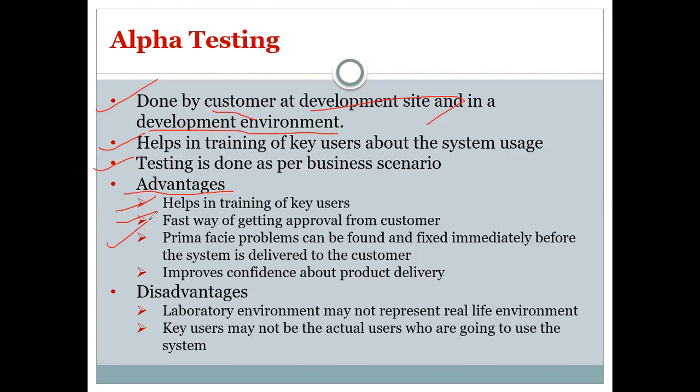Okay, so if you have created one website and in the logo you have used some other color because of some mistake, or the logo is not at its proper position where the customer told you to set it, these are the prima facie problems. These are found at this primary level only, so that they can be fixed immediately before giving the product to the end user or your customer.